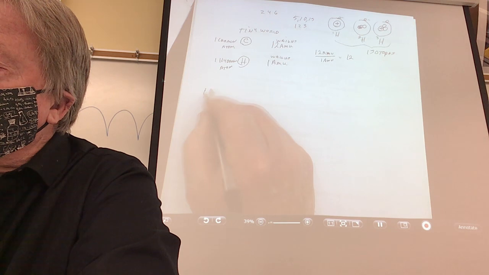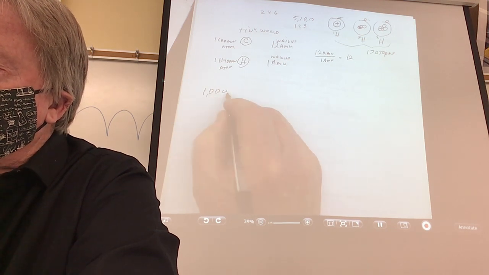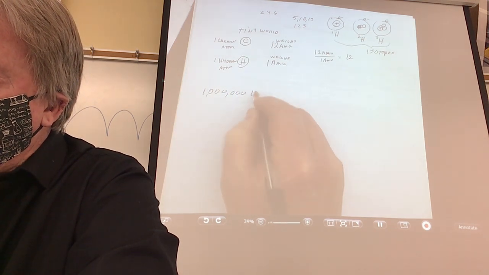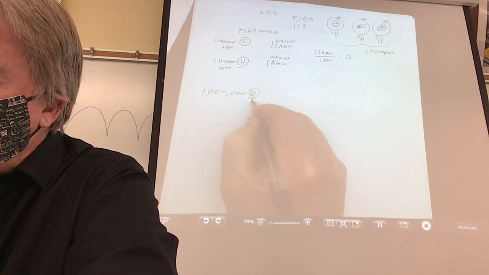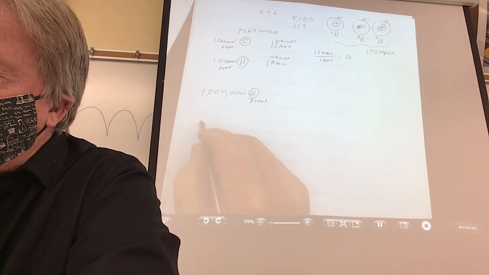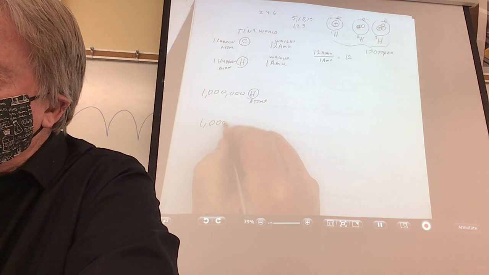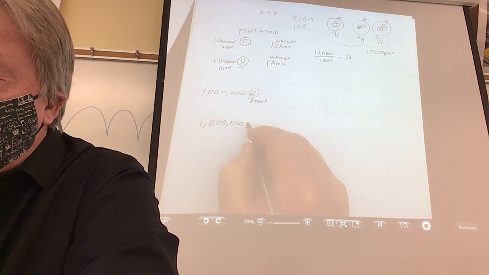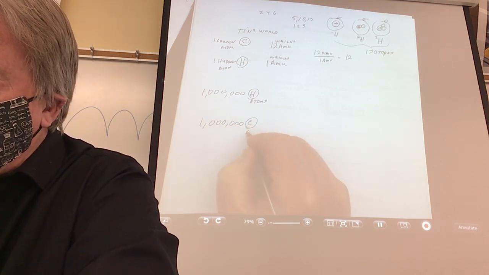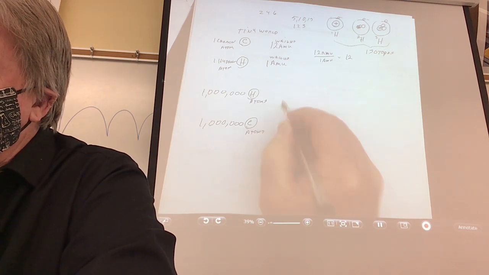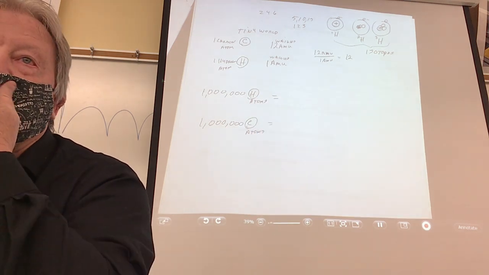Now, I want to be careful here because I'm jumping to a pretty high level thing. What if I gave you 1 million hydrogen atoms? And I gave you the same number, 1 million carbon atoms. Now, tell me how much that would weigh.